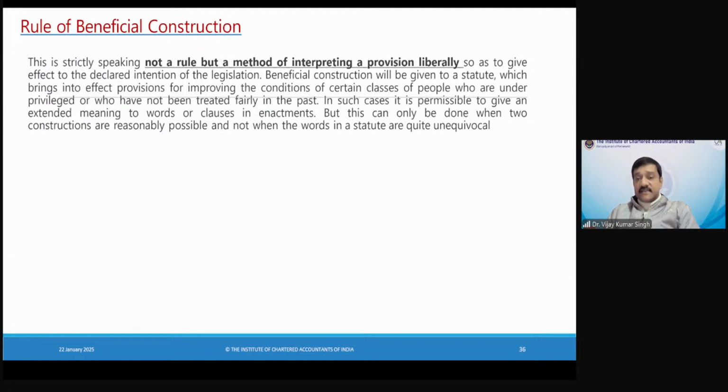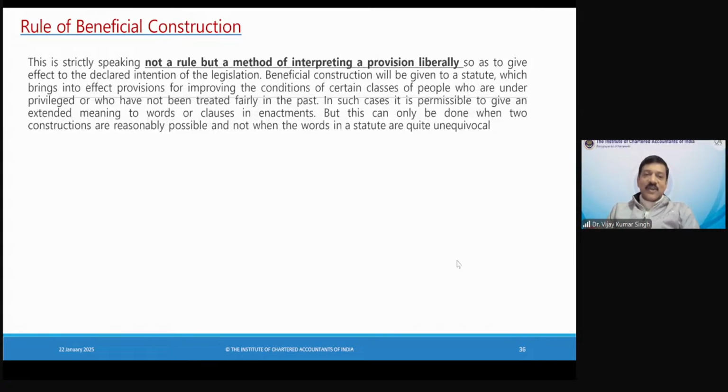In such cases, it is permissible to give an extended meaning to the words or clauses in enactments, but this can only be done when two constructions are reasonably possible and not when the words in a statute are quite clear. So this beneficial construction can only be given when there are two meanings possible. If the meaning is clear, no benefit has to be given. You cannot extend benefits, right?